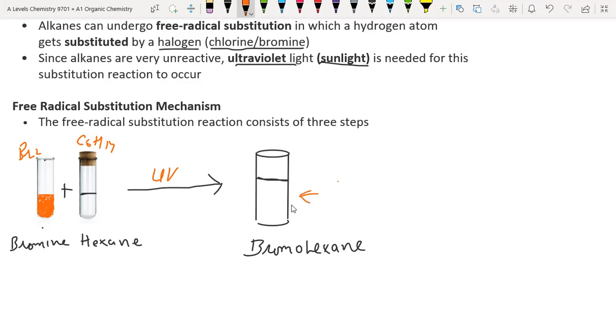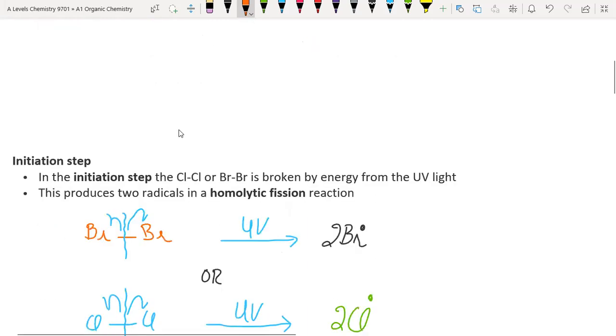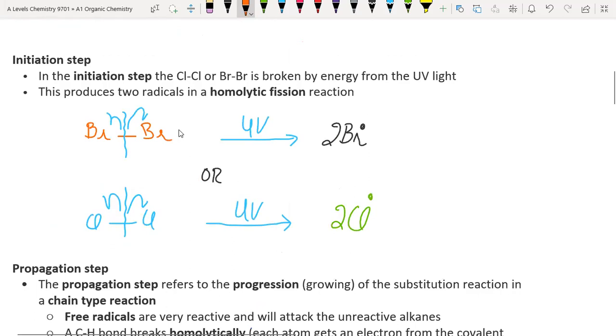Let us see its three steps. Step number one is initiation. In the initiation step, the bond between halogens is broken homolytically, as a result of which two radicals are formed.